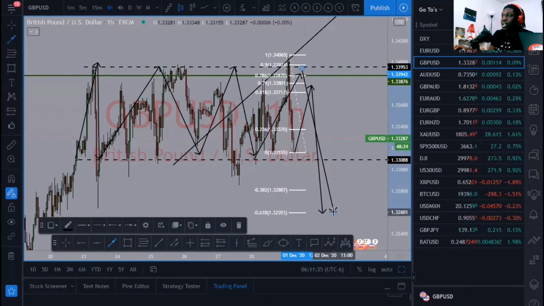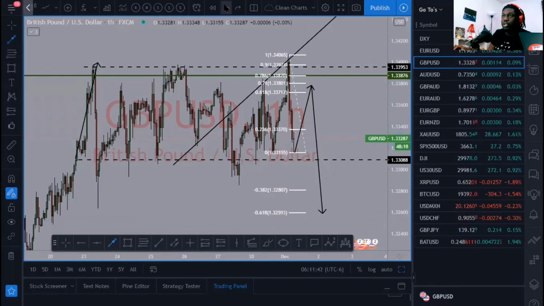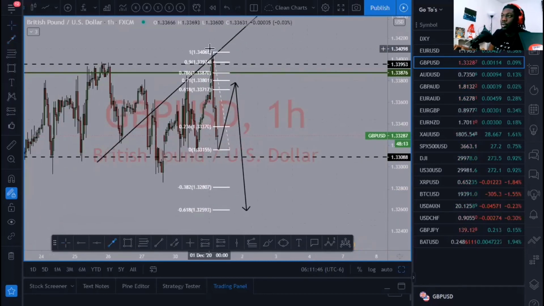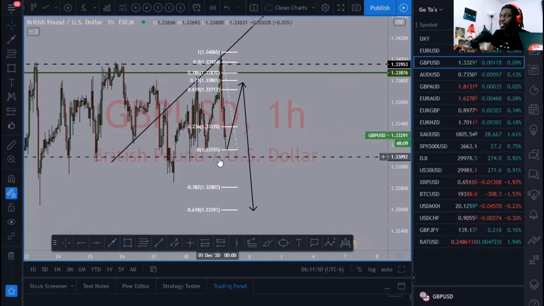Realistically speaking, let me get rid of those lines first. What I would really want is for price to impulse out of this range that it's in and then retrace to get in. That was what I would probably want out of everything for GU.